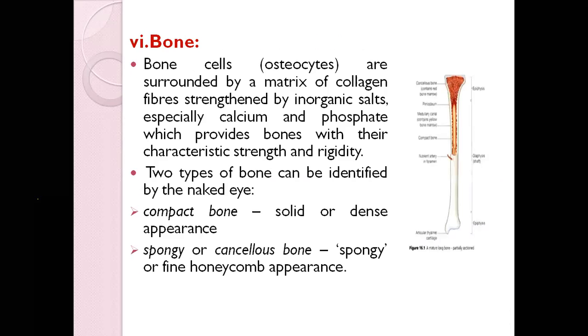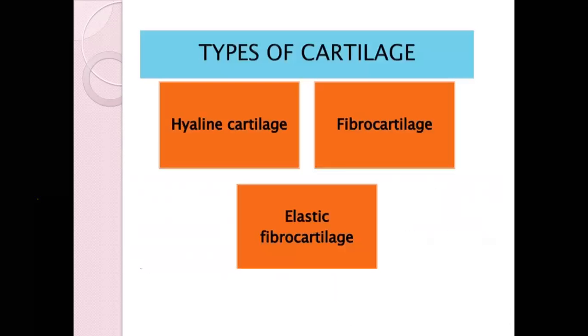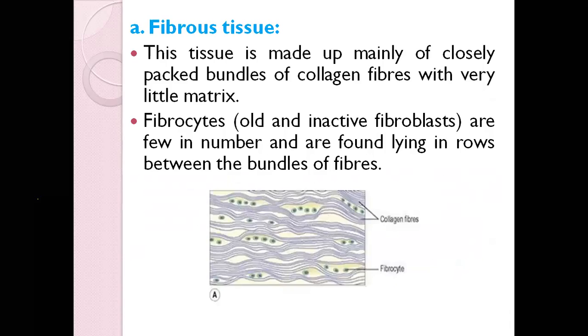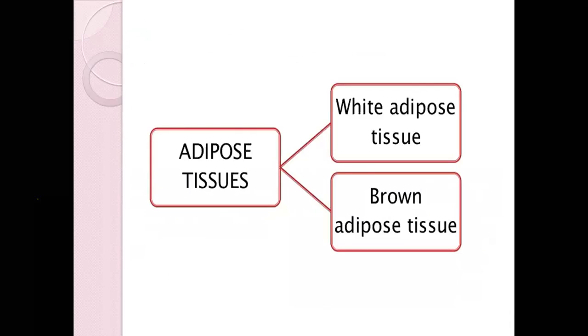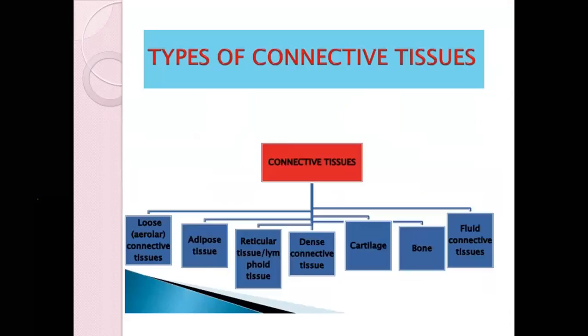So this is all about your connective tissue, in which we have seen all those types: loose connective tissue, adipose tissue, which is divided into white and brown, then lymphoid tissue, dense connective tissue, then cartilage, subdivided into hyaline cartilage, fibrocartilage and elastic cartilage.